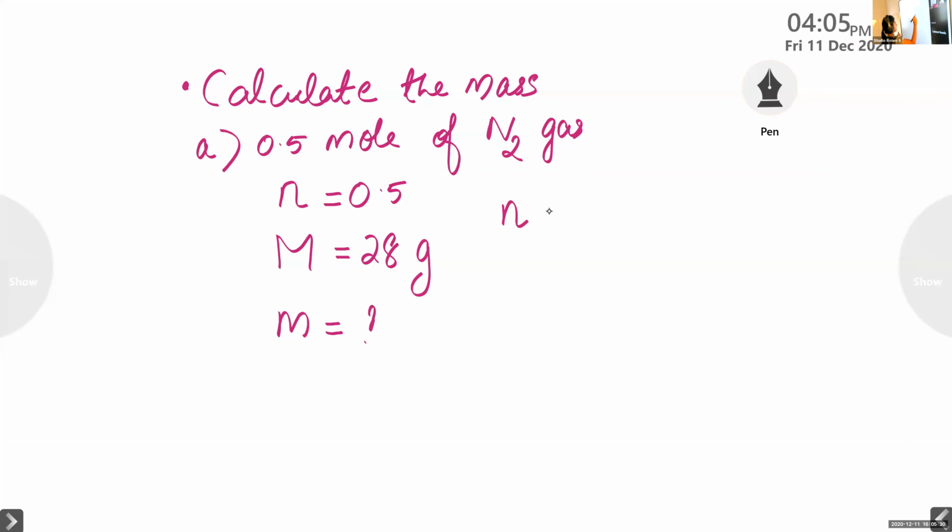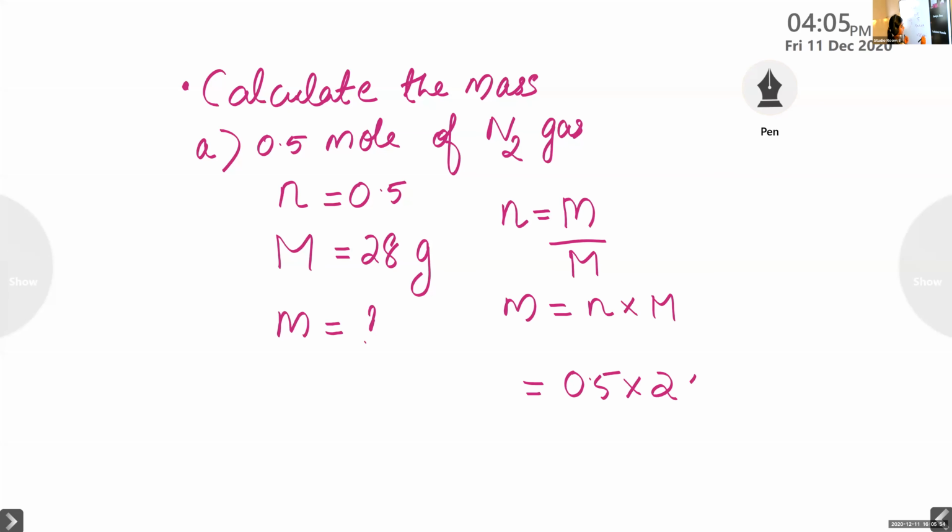So n equal to small m divided by capital M. Then we have to find out this small m. So n into M, that is equal to 0.5 into 28.